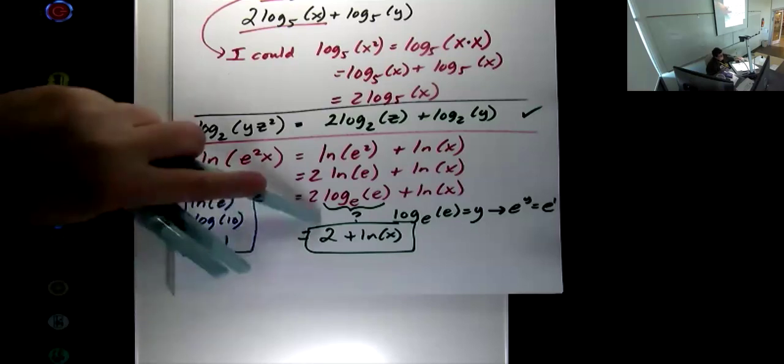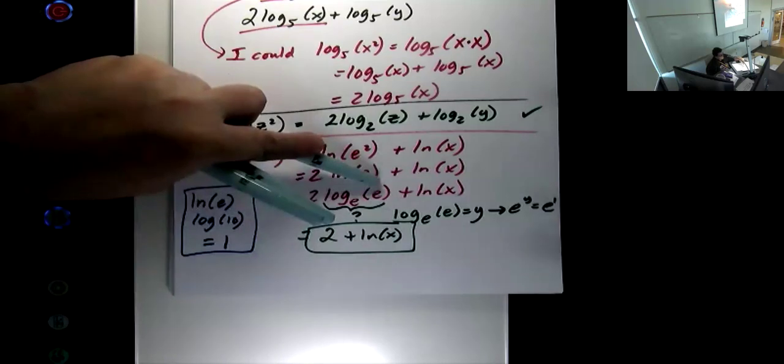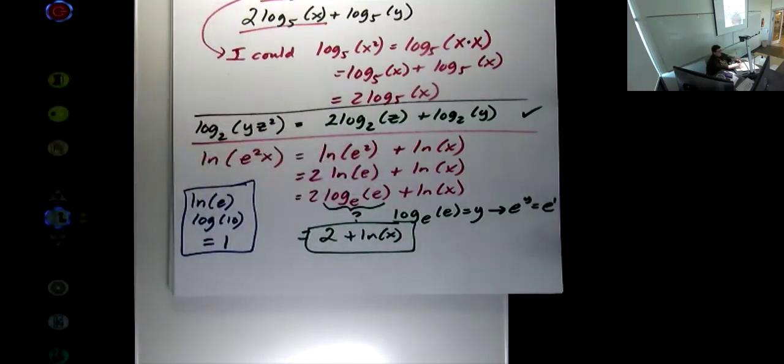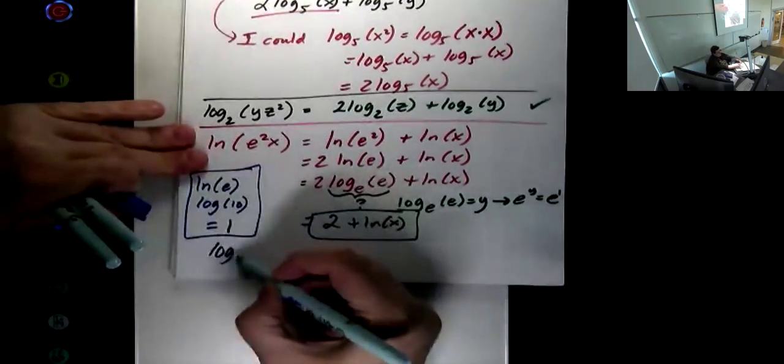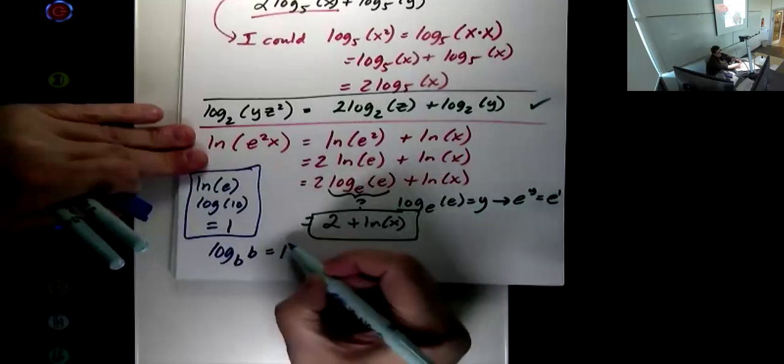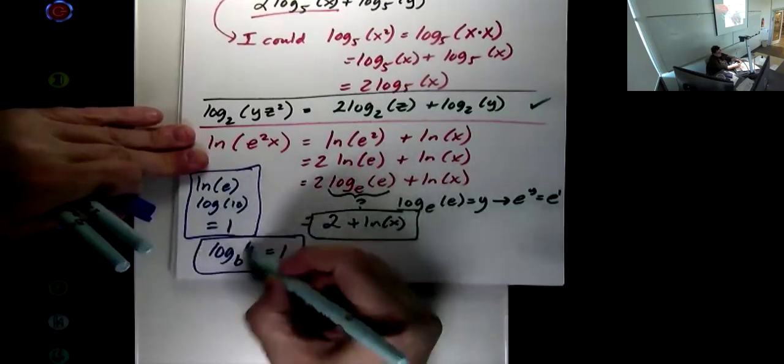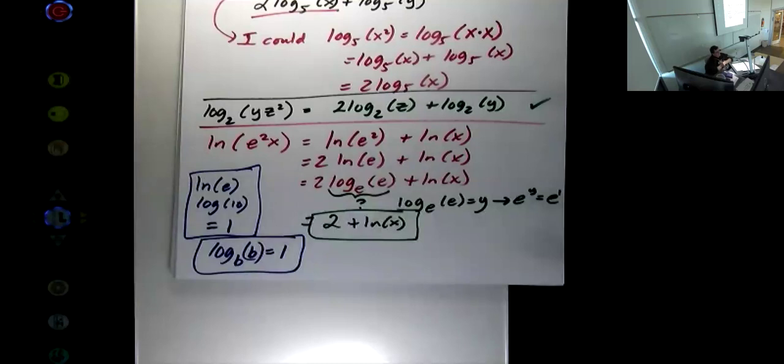Any base with the exact same thing on the inside is 1. Log base b of b equals 1.